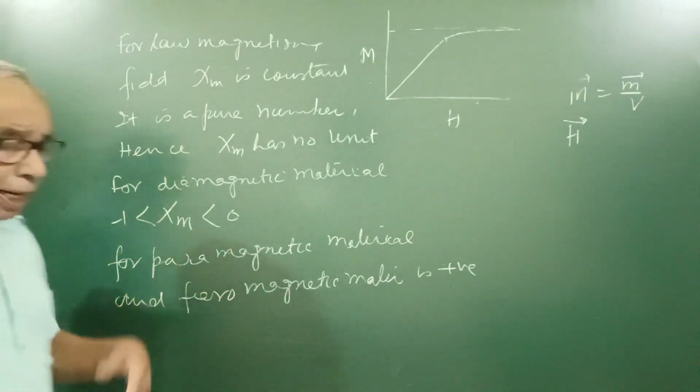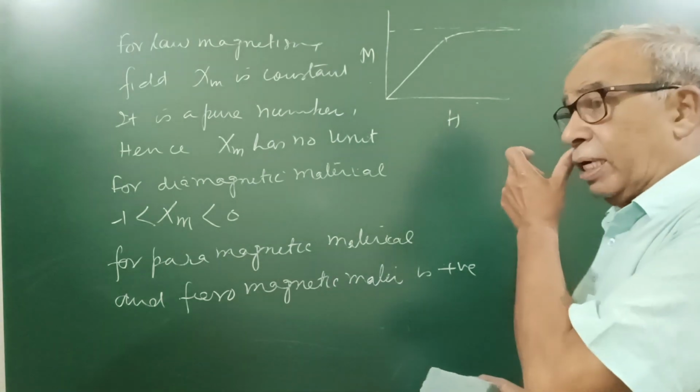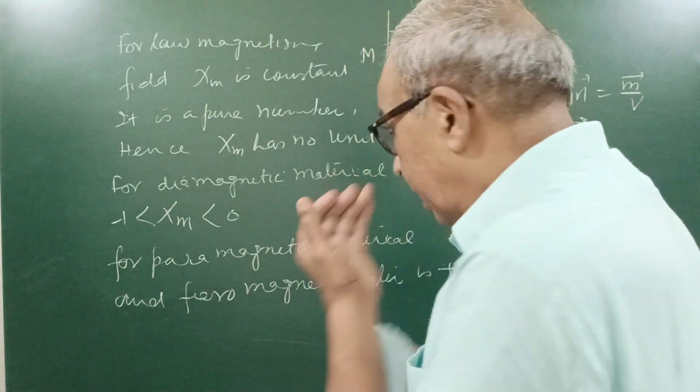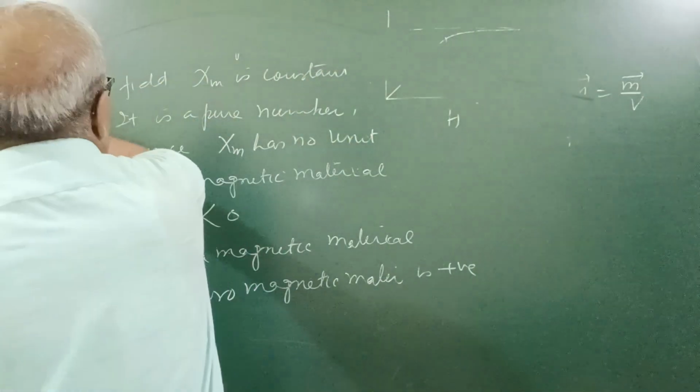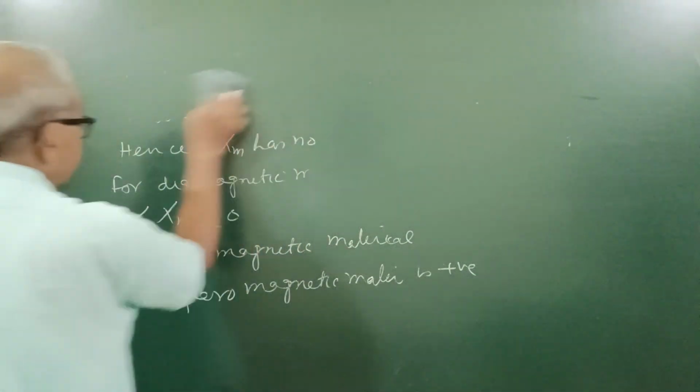There is a slight difference which I will tell you later while teaching the properties of magnetic materials. There is a slight difference between paramagnetic and diamagnetic; both are temperature dependent.